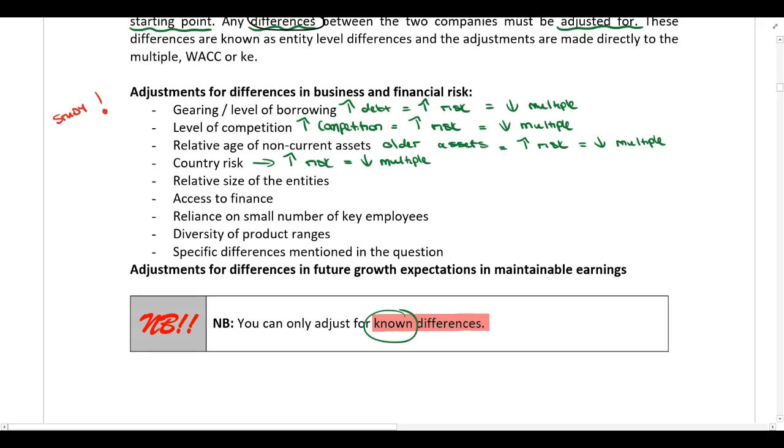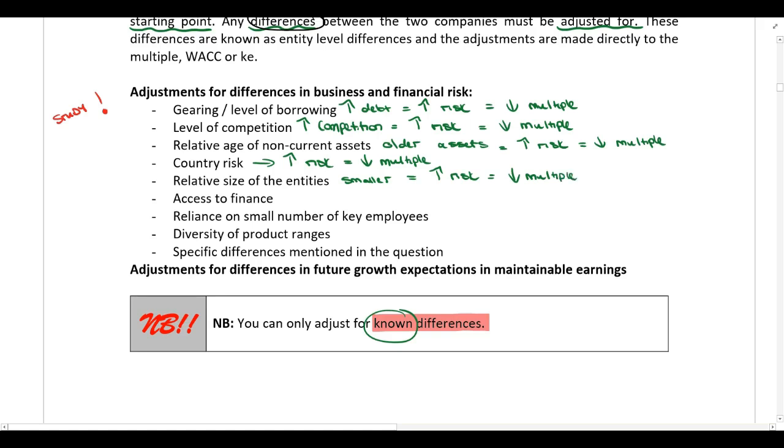Next, we need to look at the relative size of the entities, and please note smaller companies have a much higher risk of company failure than a larger company. So smaller companies are exposed to more risk, and if they're exposed to more risk, we decrease the multiple.